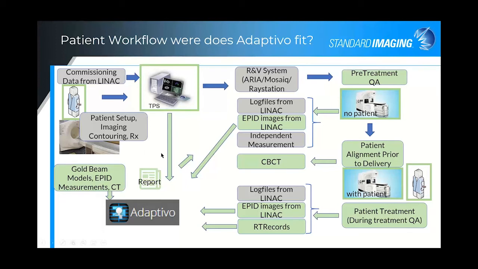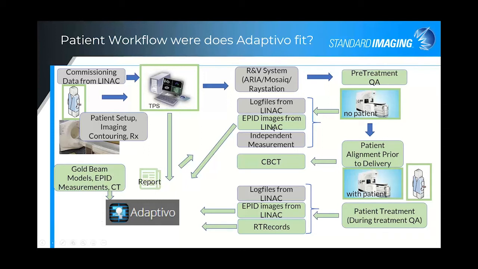And here is where the Adaptivo fits into the patient workflow. You can see it covers the entire workflow. There are Golden Beam data models input into Adaptivo, as well as the EPID measurements.